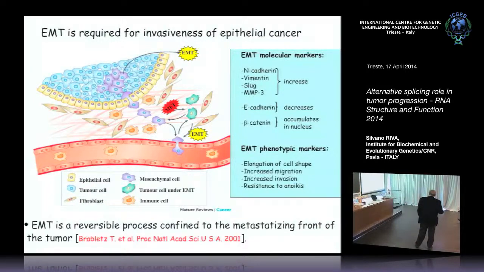And this process, which is reversible, you can go back from mesenchymal to epithelial cell, usually occurs at the metastatic front of the tumor, not from inside, but from the surface. From there, these cells change their features and start to move.